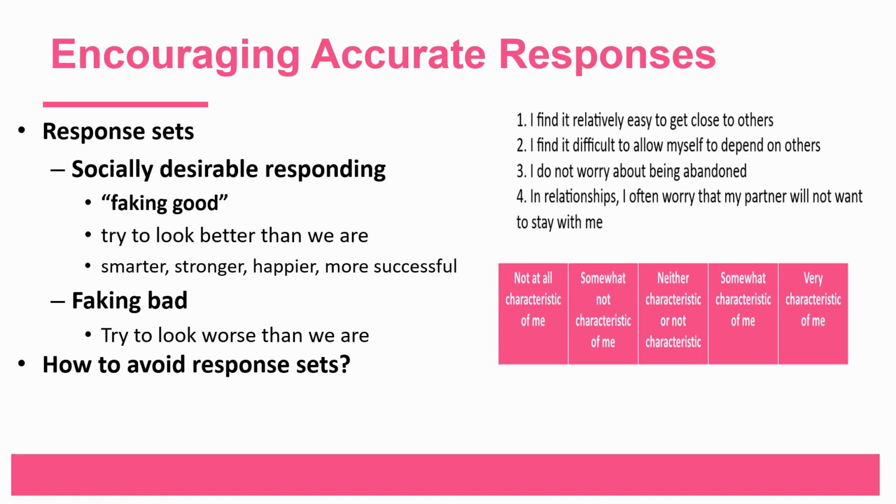So, a question that comes up about all of these response sets is what can we do? I mean, we're giving people questions, we're hoping that they answer honestly. How can we encourage them to answer honestly and not to engage in one of these response sets? Well, one thing we can do is make sure that they understand that they are anonymous and we have no way to connect what they said back to their identity.